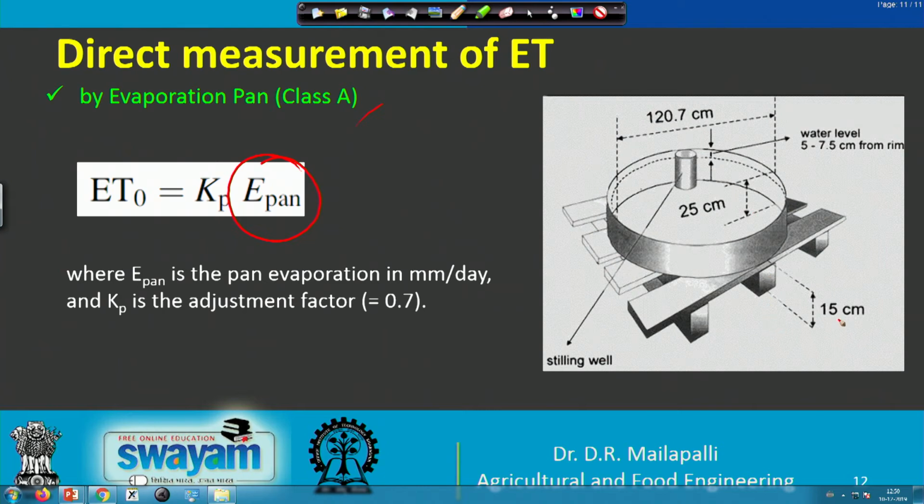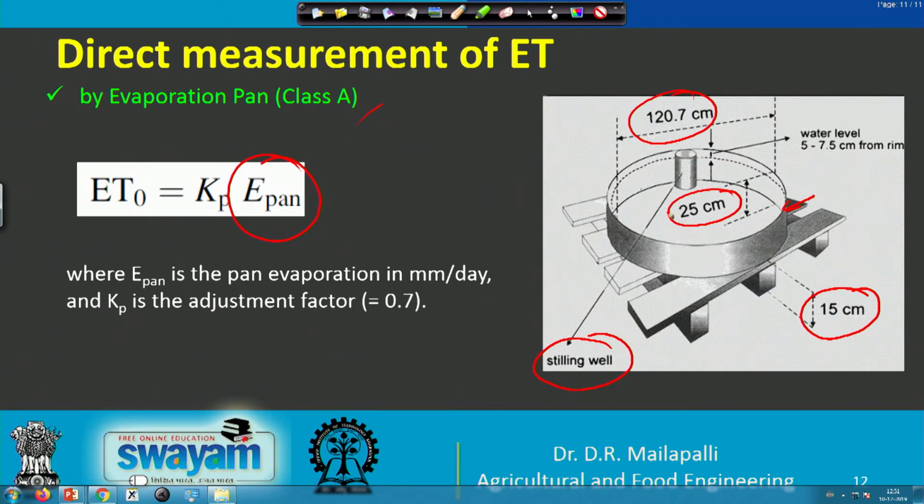The pan evaporimeter is raised to a height of 15 centimeter from the ground, and it contains a pan of 120.7 centimeter diameter and 25 centimeter depth, and at the corner there will be a stilling well. The stilling well is useful to take measurements, because when you take measurements here, there will be a fluctuation.